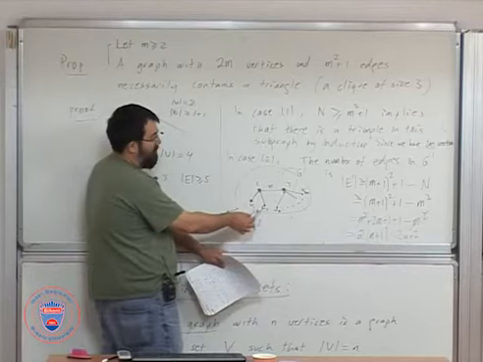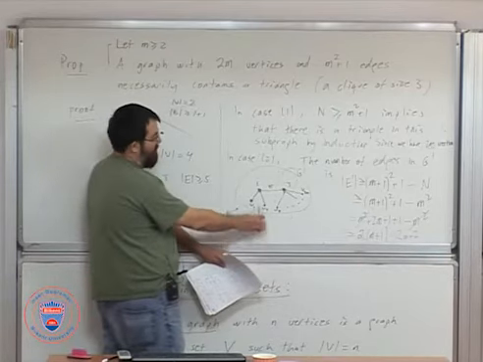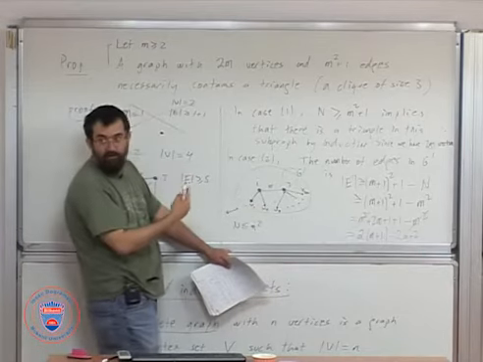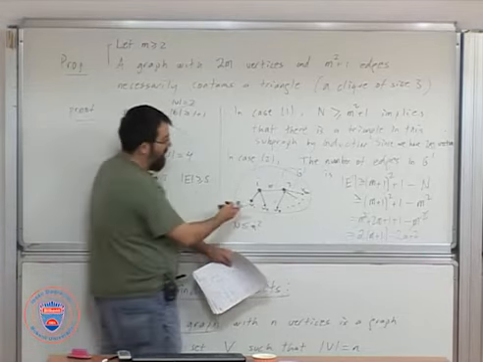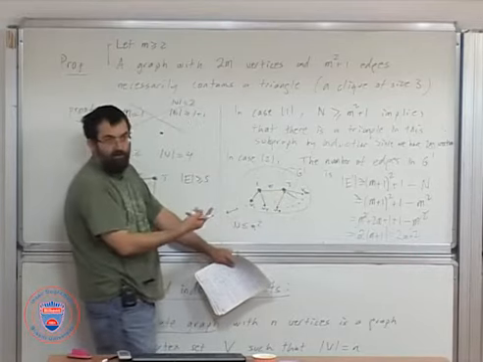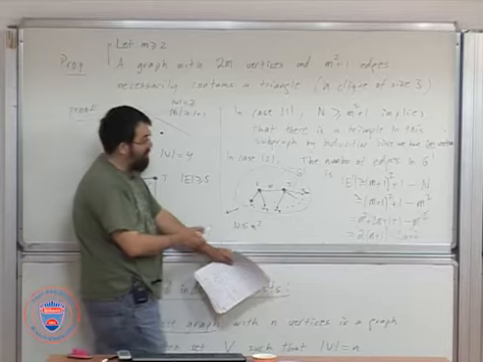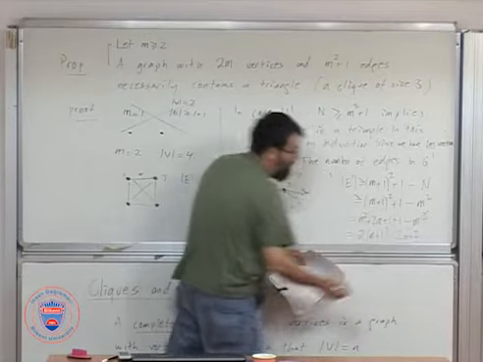Same way, if V2 is attached to only one of them, it will have only one edge. So if all of them are attached to only one of them, i or j, I will have at most 2m vertices, so that means 2m edges at most. But I see that I have more than that.